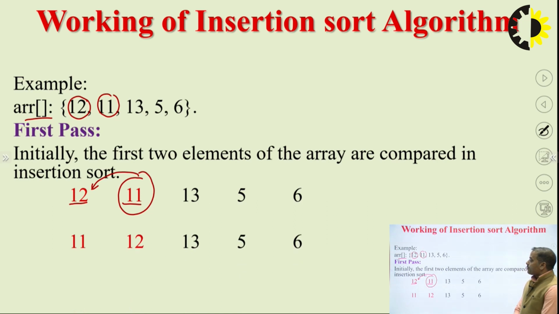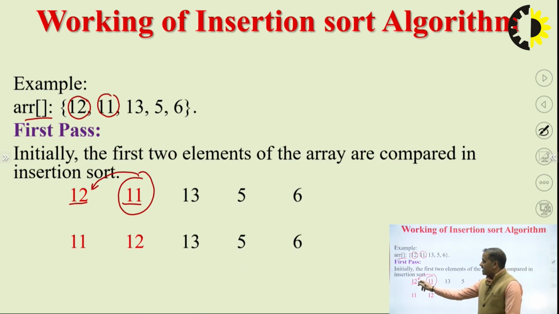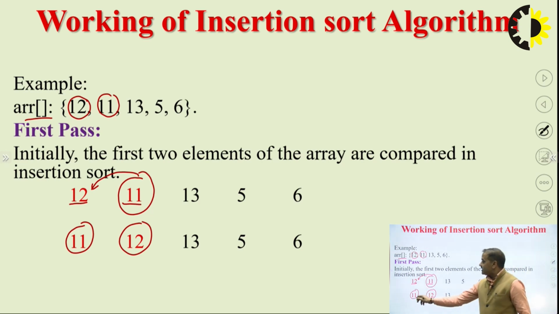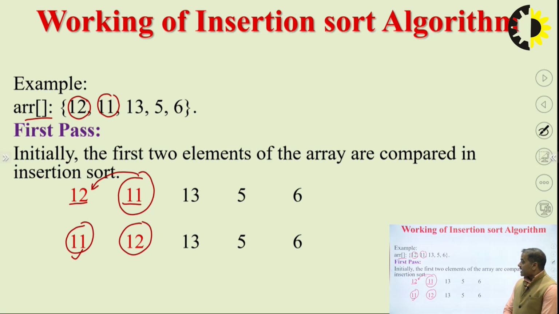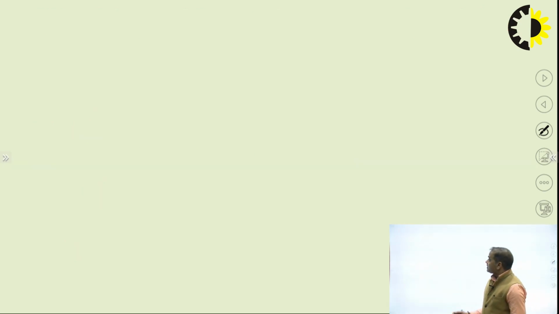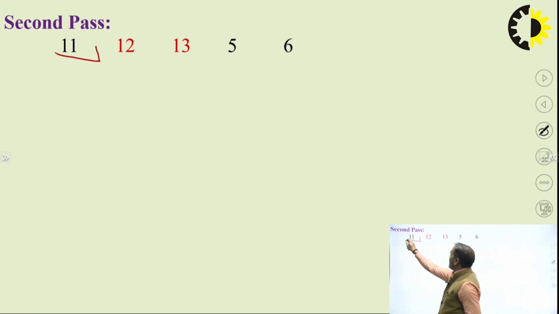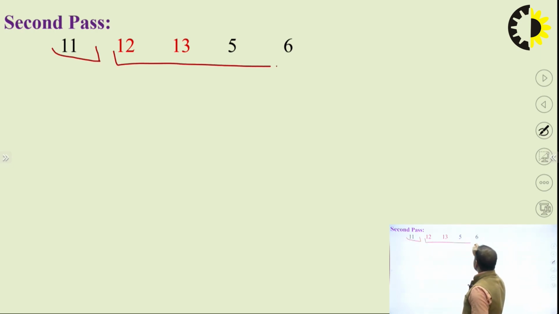at the proper position. Now the next step: 11 is less than 12, so we have to swap. 11 comes here and 12 comes here. Now there is no previous element before 11, so 11 is inserted at this position. Next, 11 and 12 are in the sorted part and the rest is the unsorted part.